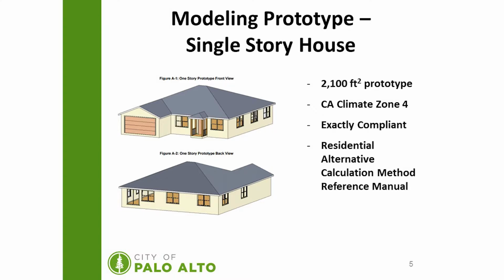And this building is built in California Climate Zone 4, which is where Palo Alto is located. It is starting out exactly compliant, so we are using all the prescriptive requirements, and then we'll show how each measure will then get your compliance margin to increase above that standard. I won't be going into the exact details of how to build this model, and you can refer to the Residential ACM reference manual for those details.